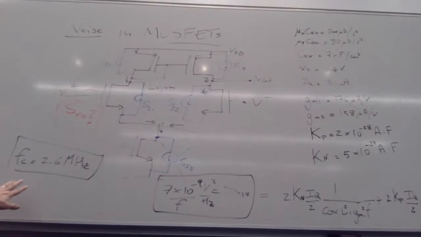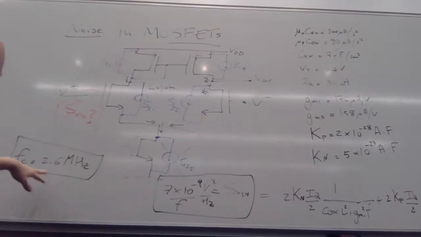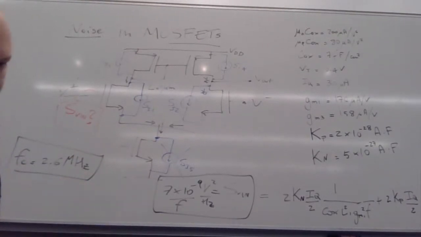Now, this is quite an important result, and it's fairly typical in most cases, because if you think about building an operational amplifier using CMOS technology, and you're operating with signals in the order of tens of kilohertz or hundreds of kilohertz, you see then that really the dominant contribution is the flicker noise, not the thermal noise.